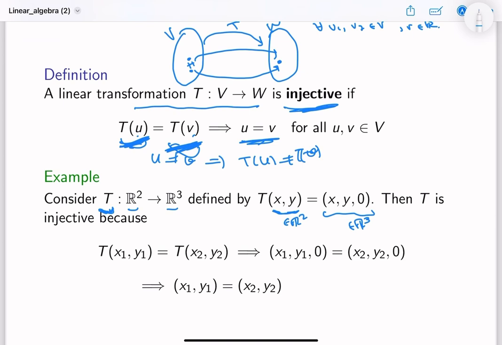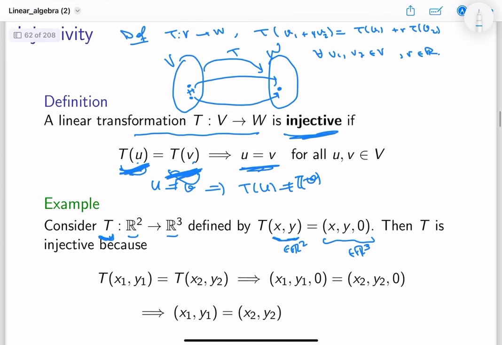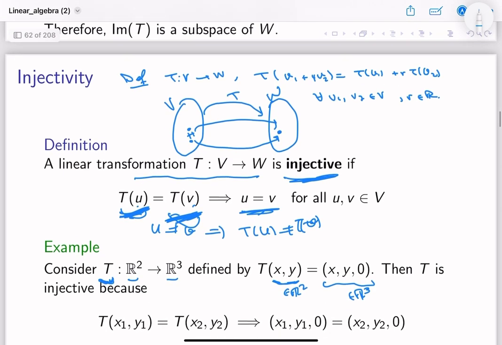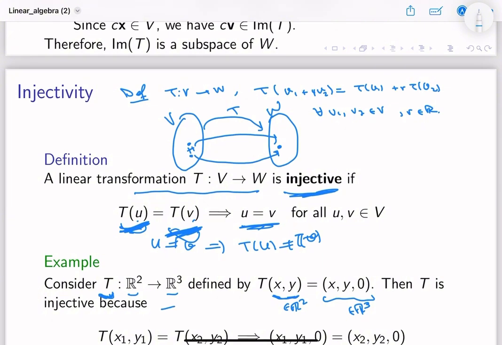Now we want to prove that this is injective. Let's take T of (x1, y1) and suppose it is the same as T of (x2, y2). We want to prove that (x1, y1) is equal to (x2, y2). So if the images of two vectors agree, then the inputs must be the same.